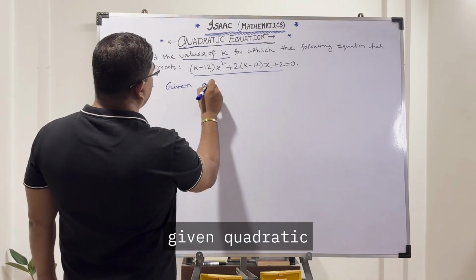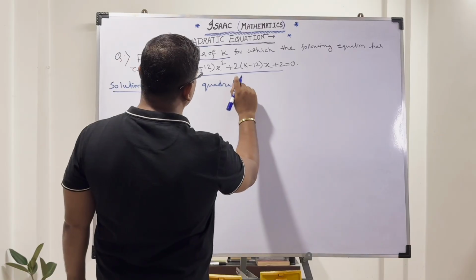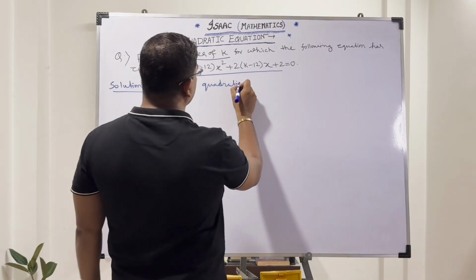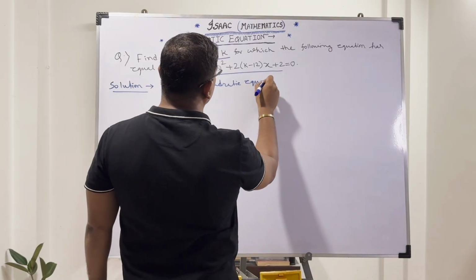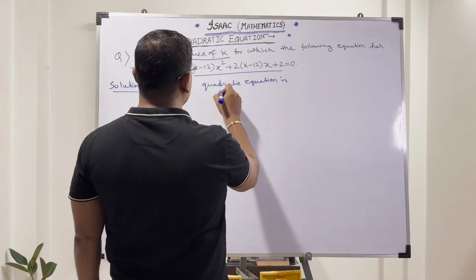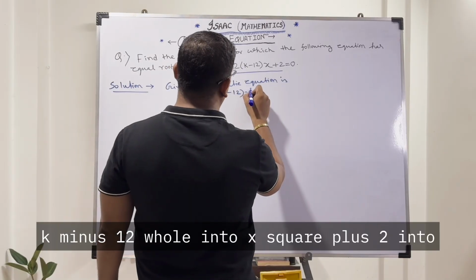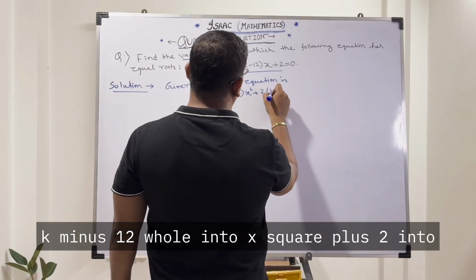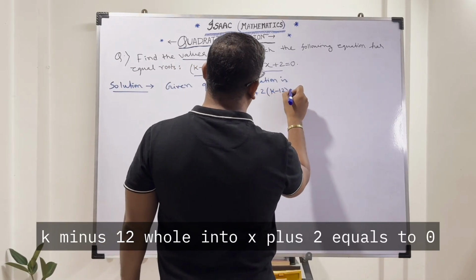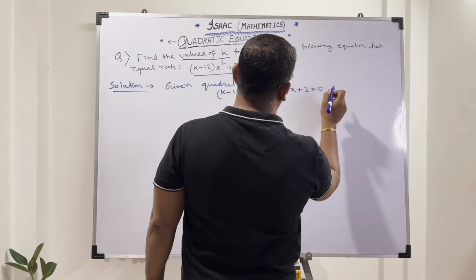Given quadratic equation is (k minus 12) x square plus 2 (k minus 12) x plus 2 equals 0.